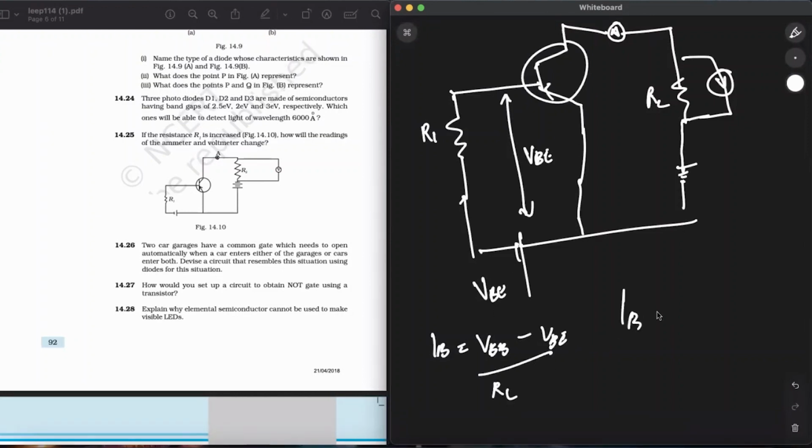So IB is inversely proportional to RL. As RL is increased, IB is decreased. Now the current in the ammeter is the collector current IC. IC is equal to beta times IB. IB is decreased, so IC is also decreased, and the readings of the voltmeter and ammeter are also decreased in this case.